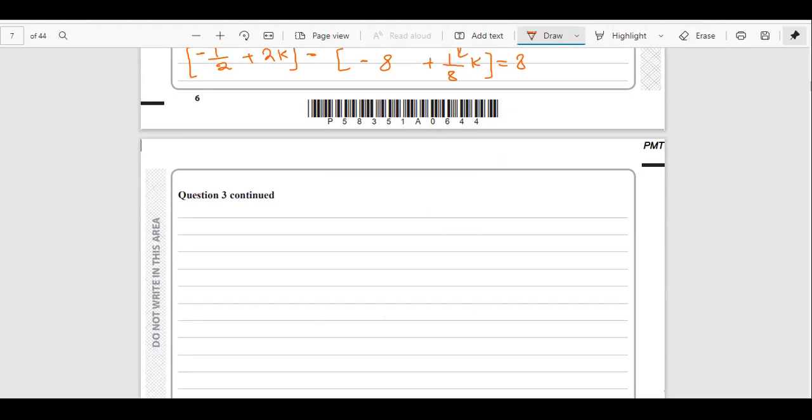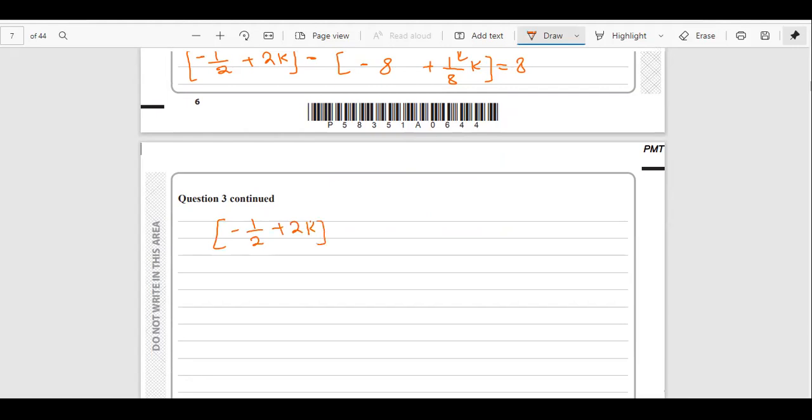And you know why I'm doing it stepwise? Because in such questions students make mistakes, because we have fractions and a long, complicated expression. In fact, we have decimals as well. So it's better to break down things in steps rather than doing it at once. 1 by 8, yes.